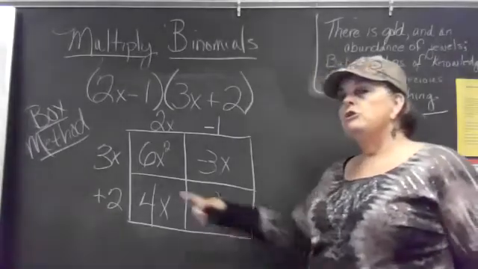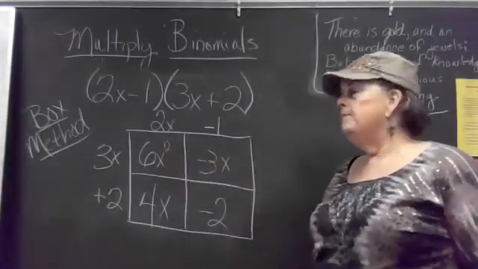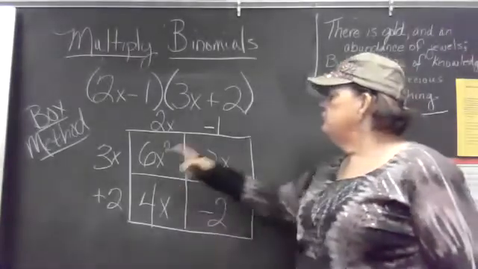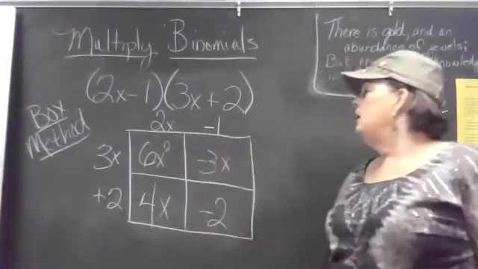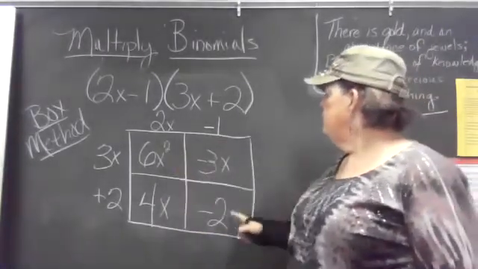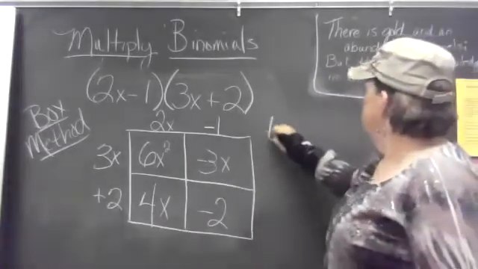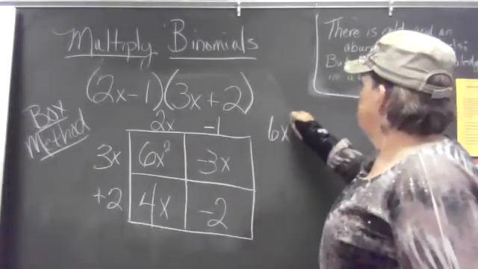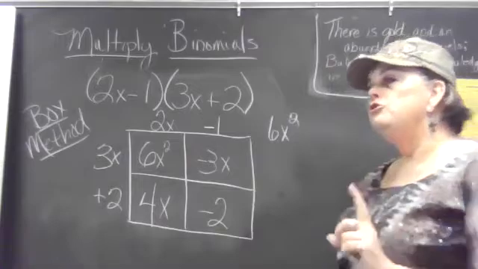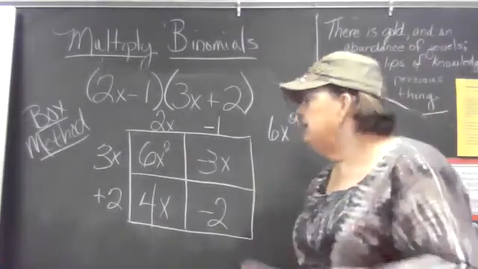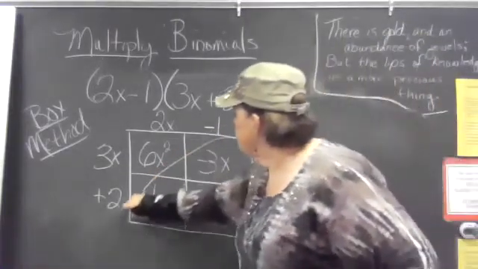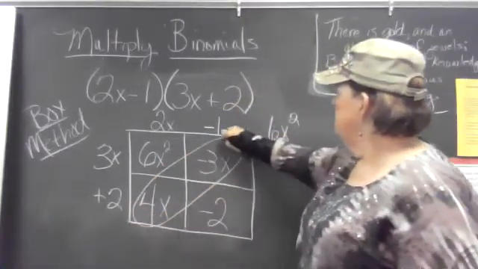Okay, now it's time to write the answer down. So I always start at the top left, okay? And you're still going to look for common terms. I start at the top left, there's no other squareds in here, so I'm going to write 6x squared. And usually, almost all the time, you have common terms on the slant.